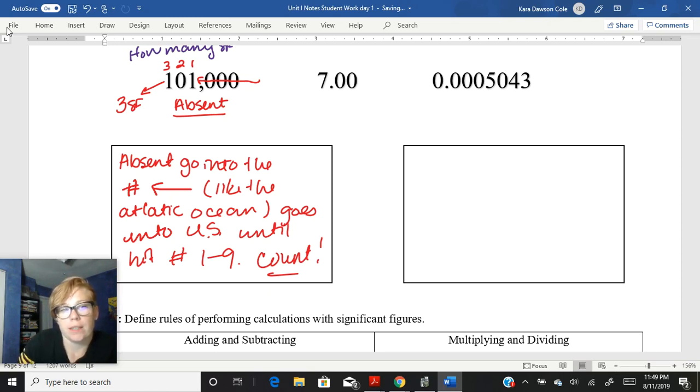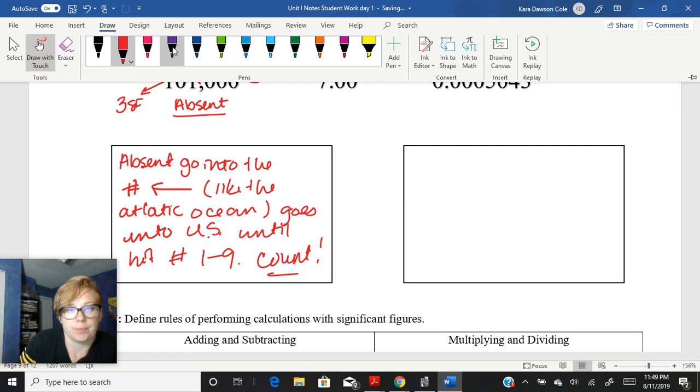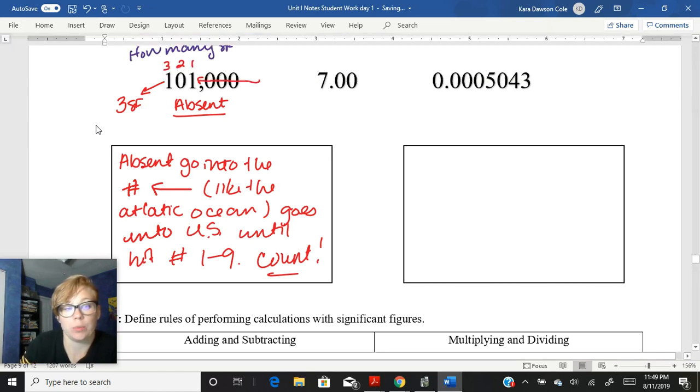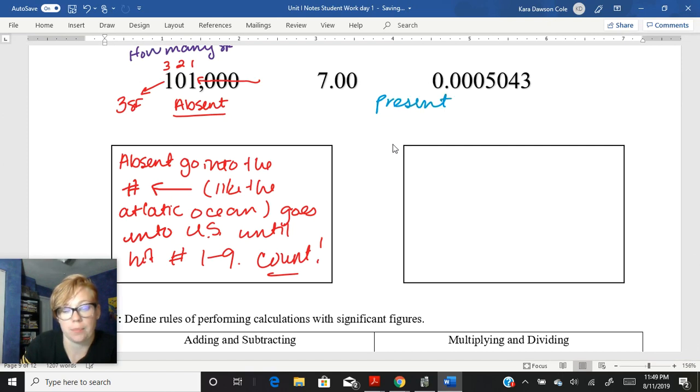But what if the decimal point is present? So I have a present decimal point here and here. So in this case, I'm going to go into the number this way, so from left to right.